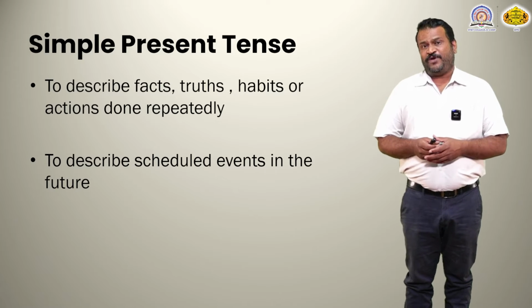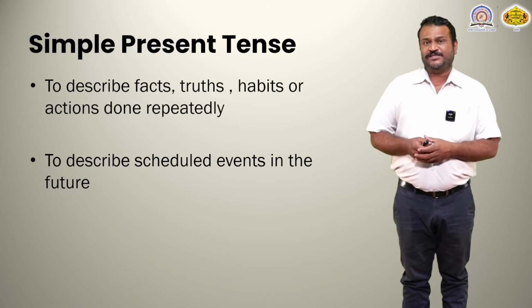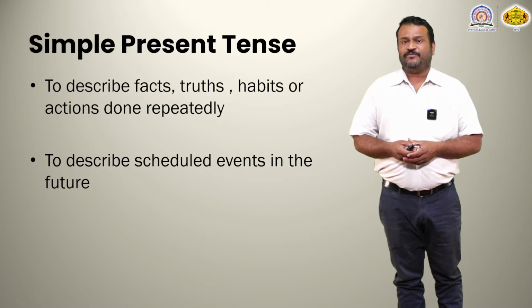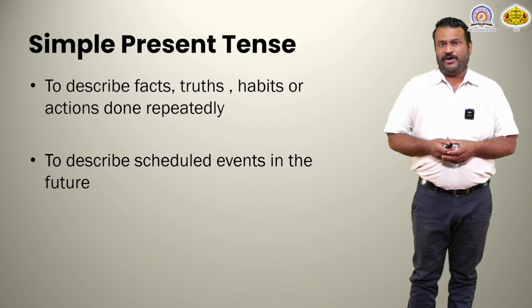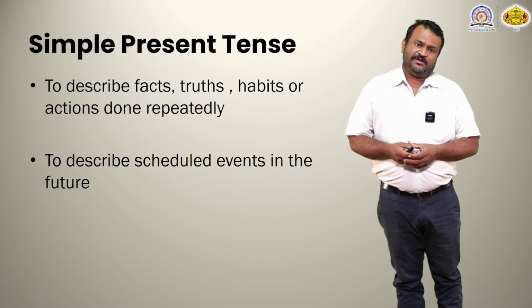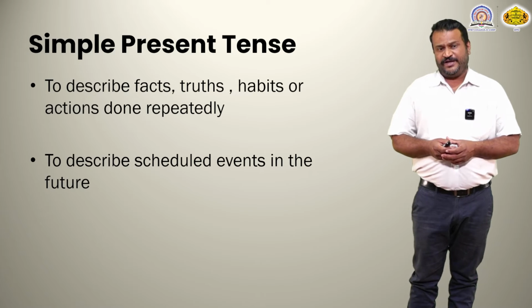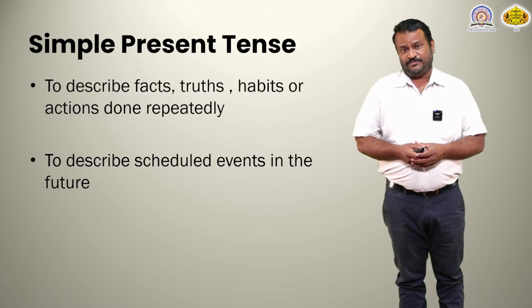Now, to describe facts, for example, the sun rises in the east and sets in the west. This is the fact. Mumbai is the capital of Maharashtra. Mumbai is the financial capital of India. These are the facts, these are the truths.